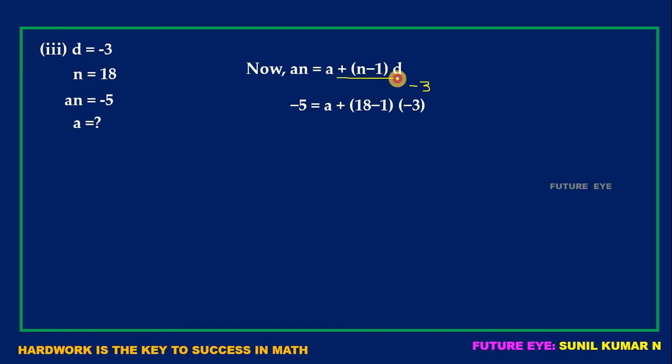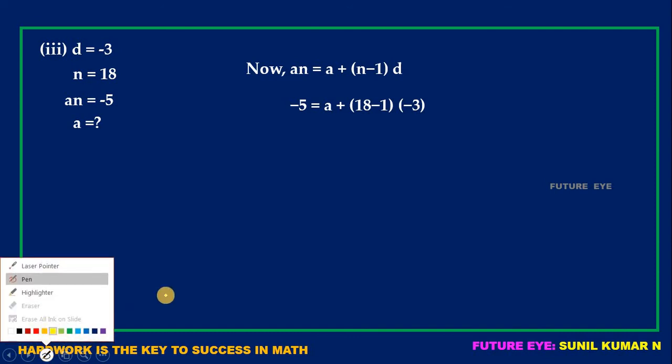See how we read this formula, A plus N minus 1 into D. So whatever values you substitute in the place of D, you should feel that it is in multiplication form. That is the thing. Now let us simplify this one, children.